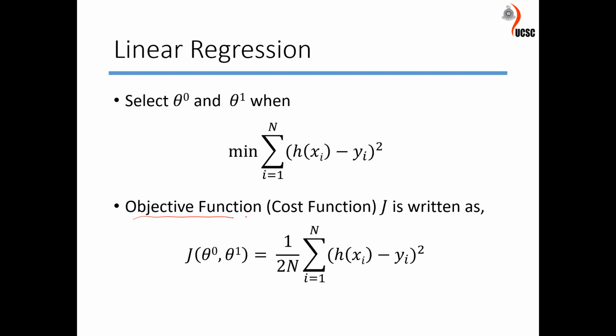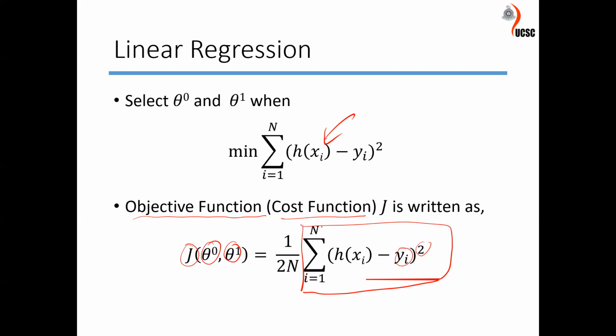We call it the objective function or the cost function. That is J. J is a function of theta naught and theta 1. So this is our hypothesis we had. So basically we have the cost function here. We consider all the data points, subtract the actual value and make it square.